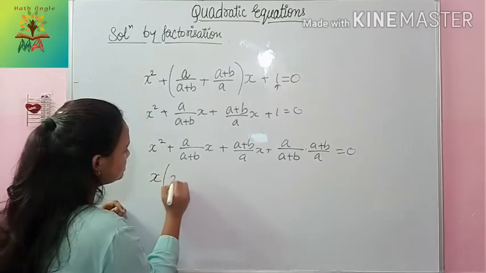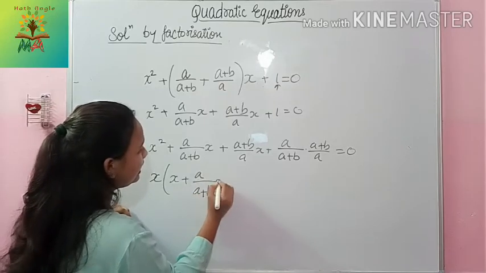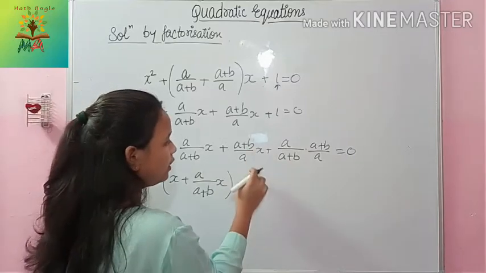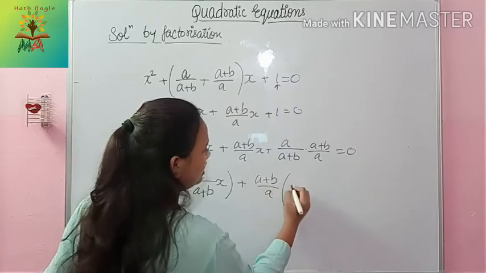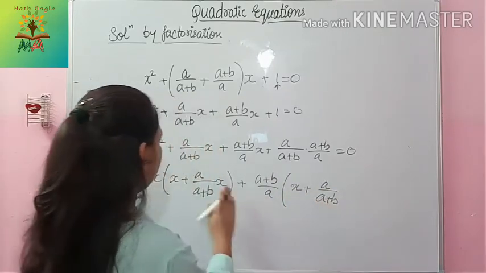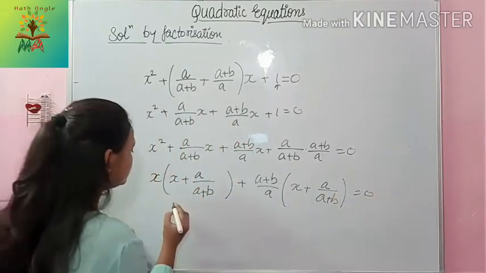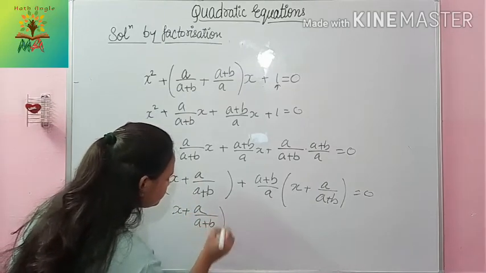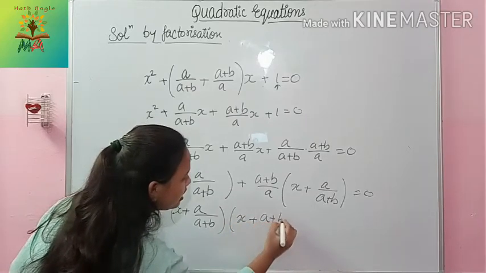So this will give us x plus a upon a plus b x and यहाँ से कॉमन लेंगे a plus b upon a. So a plus b upon a x plus a upon a plus b is 0. So factors are x plus a upon a plus b and x plus a plus b upon a.